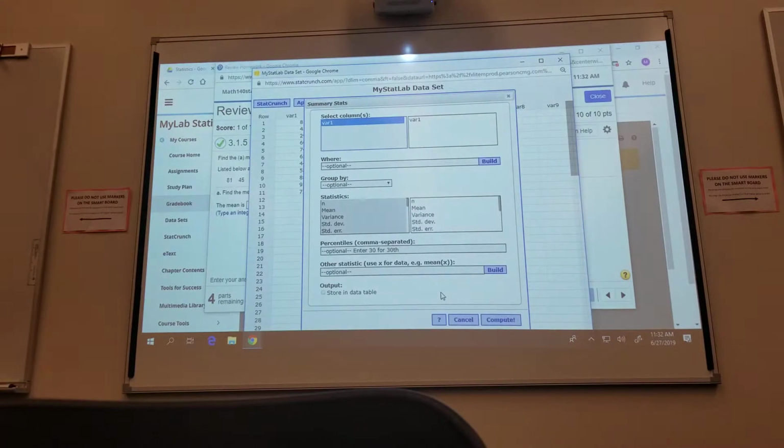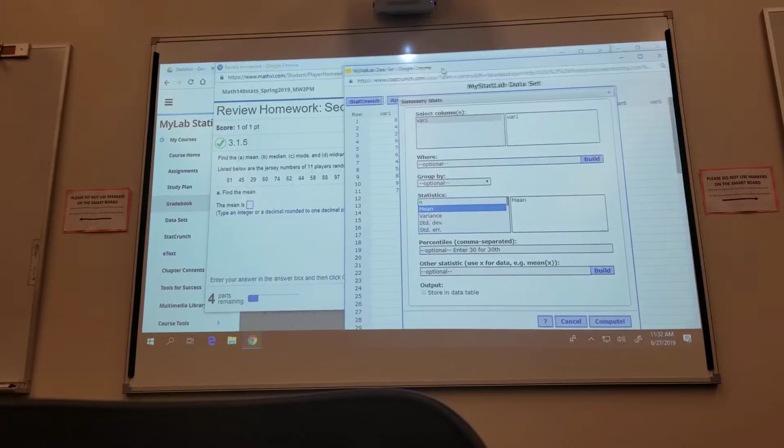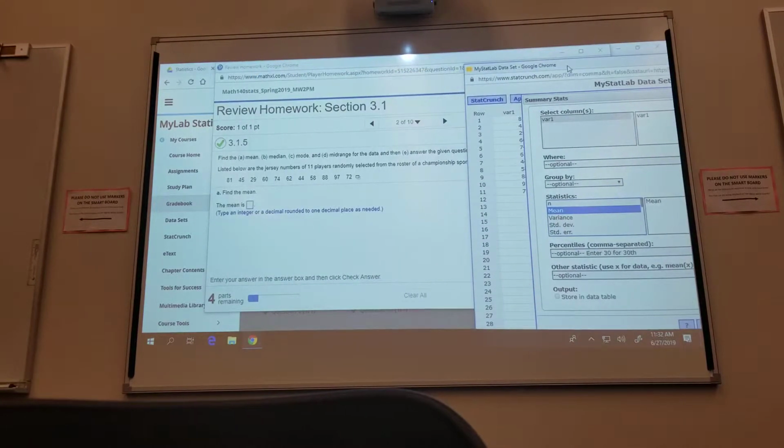Because there's all that already highlighted, would you take all the other ones off or just leave it like that? You can, so that you don't get confused. We're not looking for this, because you're looking for the mean, right? And then you would just Compute. There's actually only one: mean.